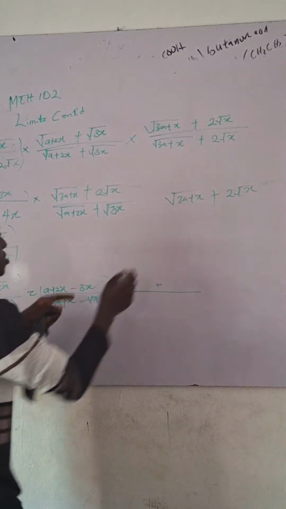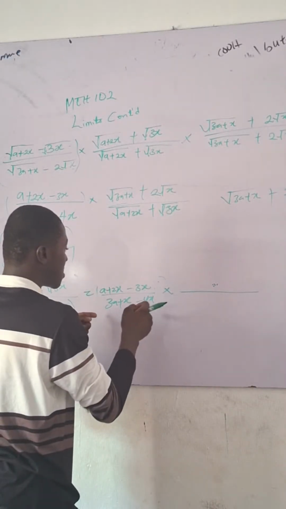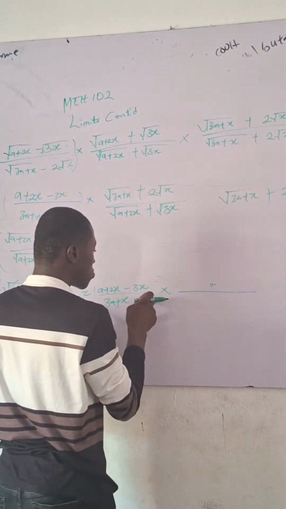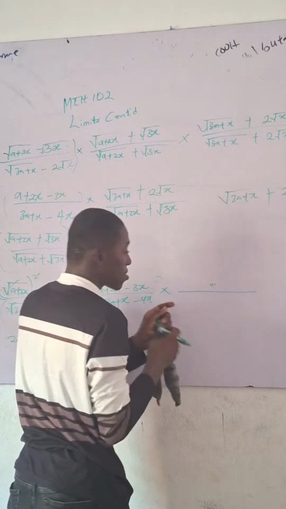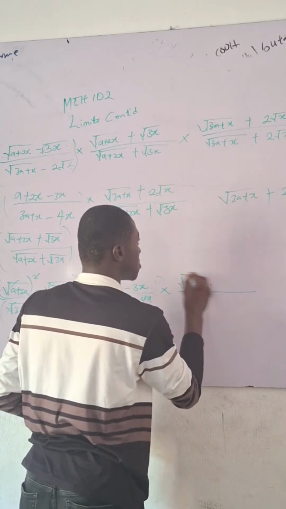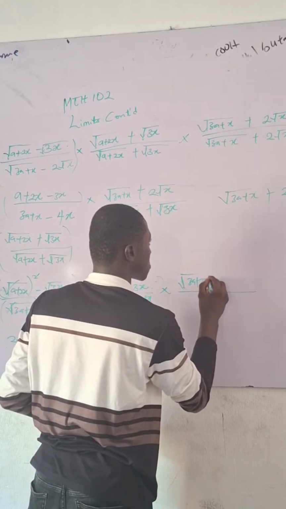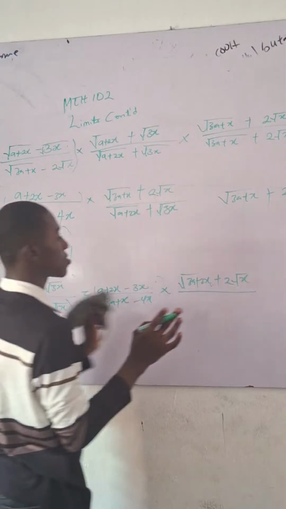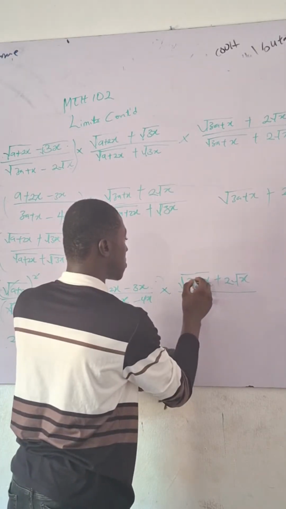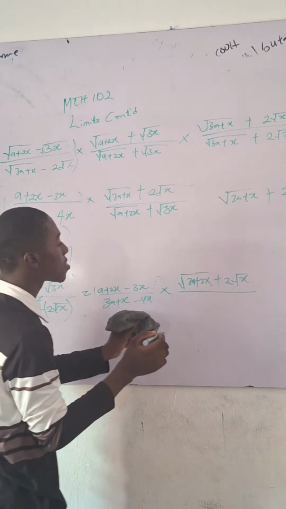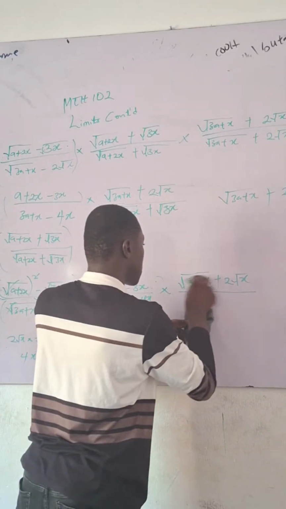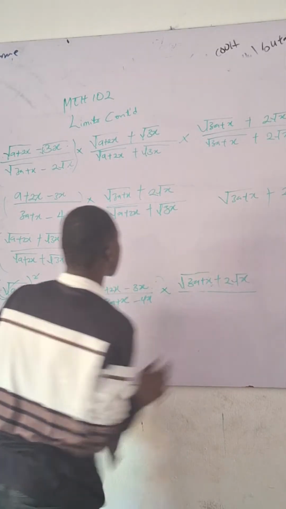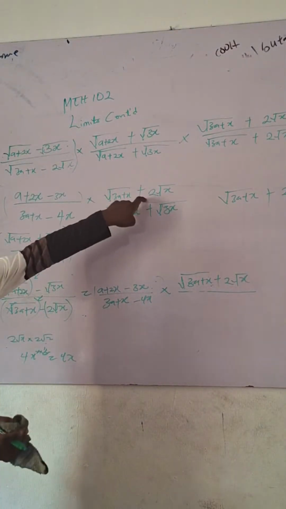So now what I said earlier was, you multiply by the conjugate of the denominator. Whatever the conjugate of this is, you write it at the top. So what we have here is square root of 3a plus x plus 2 root x, which is what is remaining here.